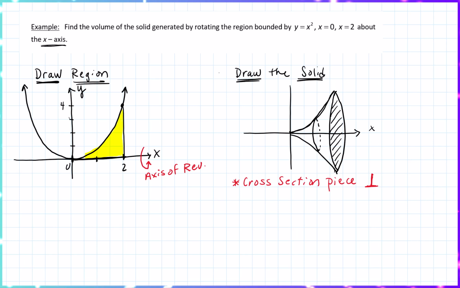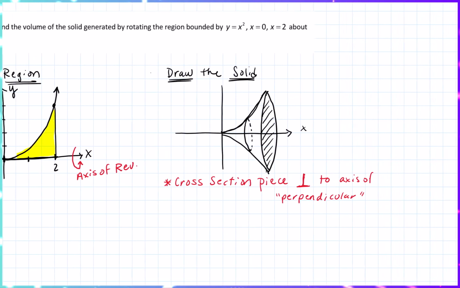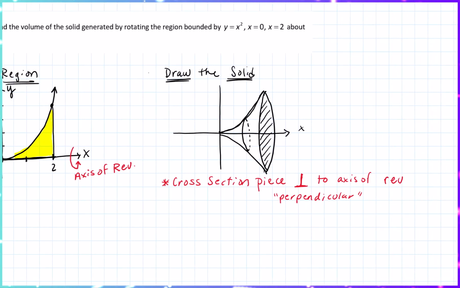Perpendicular, I'm using the little notation there for perpendicular, to the axis of revolution. I didn't draw the axis of revolution, I just revolved, but let's put a little arrow there to indicate that the axis of revolution again is around the x-axis. So we're going to make a cut perpendicular to the axis of revolution.